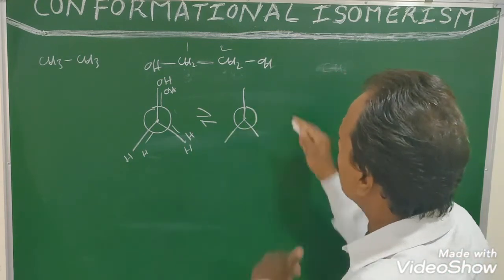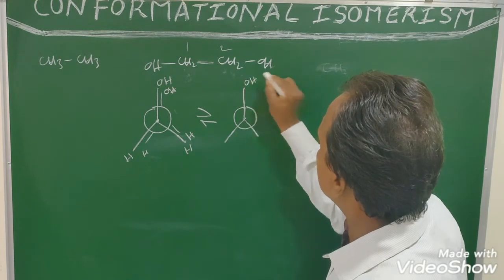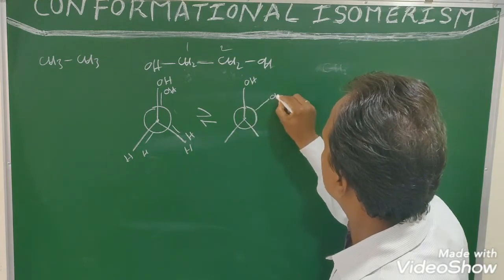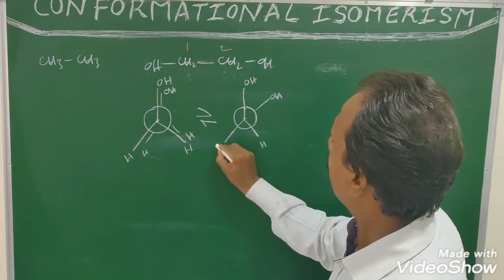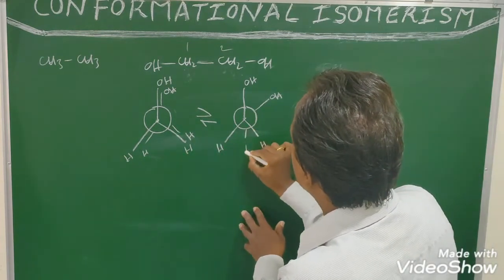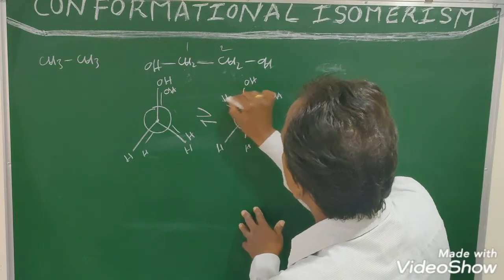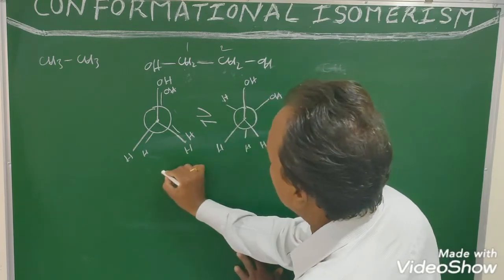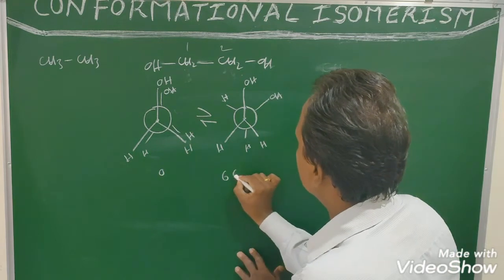Due to 60 degree rotation, we obtain the Gauche conformation. Here 0 dihedral angle, here 60.